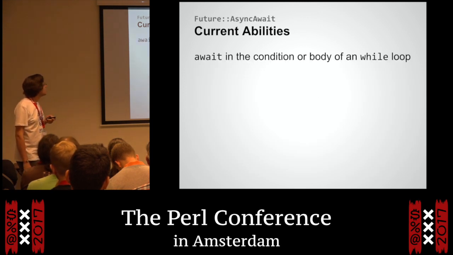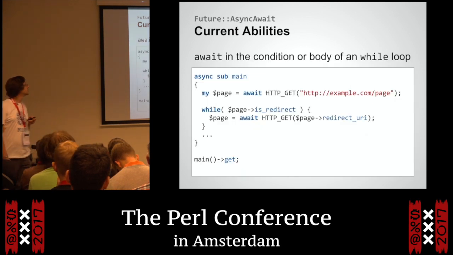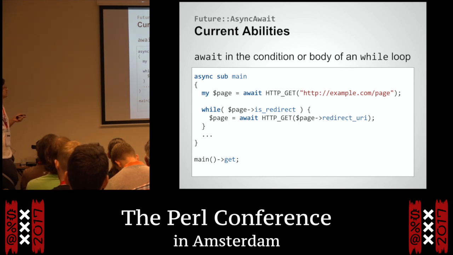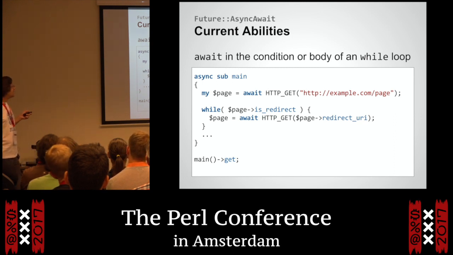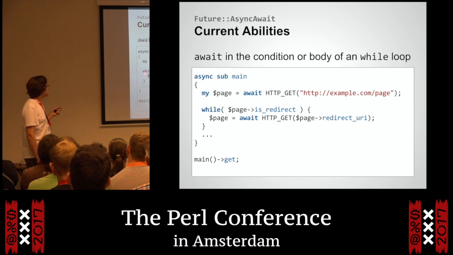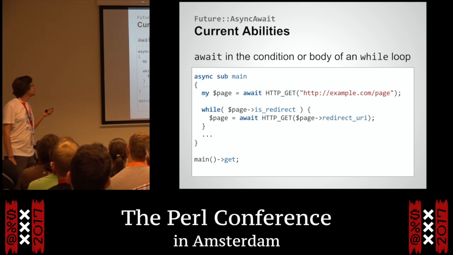It gets even better, because we can put await in the body of a while loop. So if we're going to follow this entire chain of redirects, we can just have this while loop with an await in the middle. And you literally couldn't write that with a then chain, because you don't know how many stages it's going to take. Some languages don't really have a nice implementation for that. The future module, as I said, has future utils, which has a function called repeat.